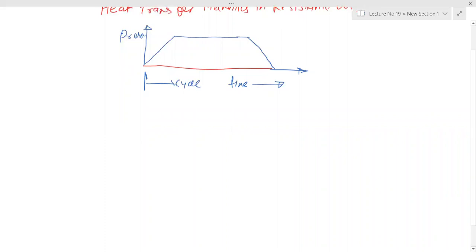Then resistance we were discussing. Now we were discussing that we have one electrode. We'll continue now.